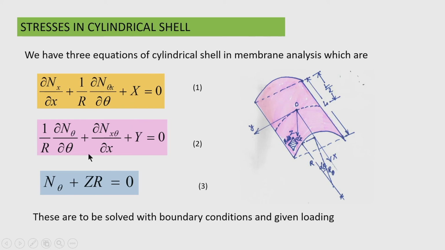Now, n_θ plus z r is an algebraic equation. Knowing the component of load along the radial direction and the variation of the radius of curvature r, we can find n_θ at any angle measured from the crown.